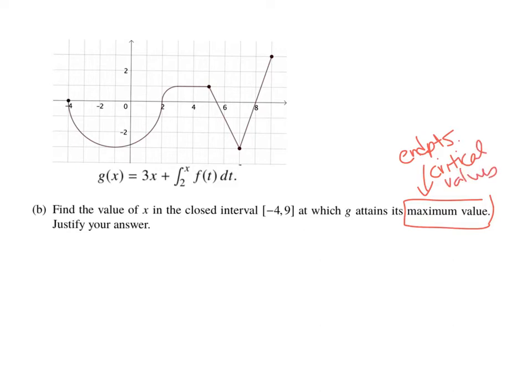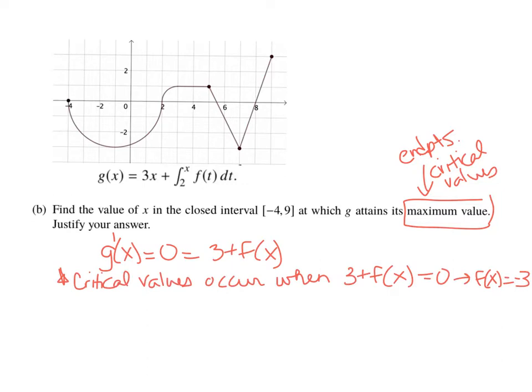To find your critical values, you need to set g prime equal to 0. So when you do that, if you look back at what we had for g prime in the previous problem, we had 3 plus f of x. So the critical values are going to occur when f of x equals -3.